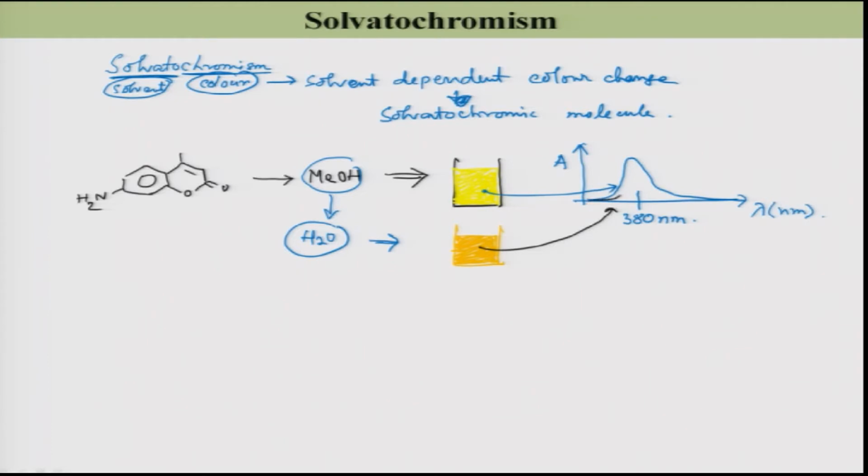So, you will see a small change in the absorption spectra. You see the absorption maxima has changed from this position to this position, right. So, there is a small shift in absorption maxima, right.